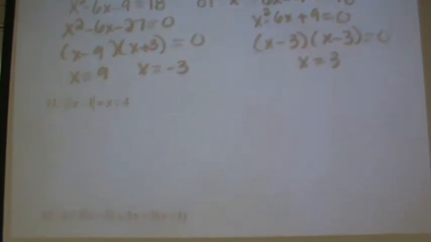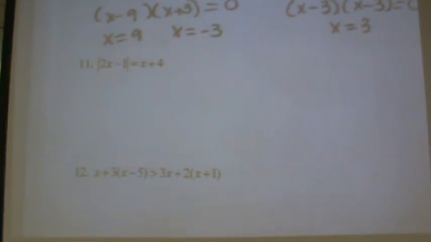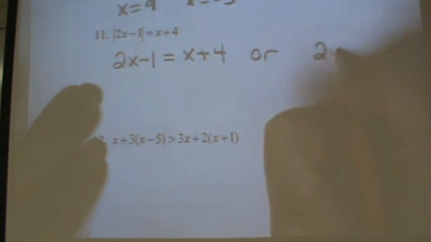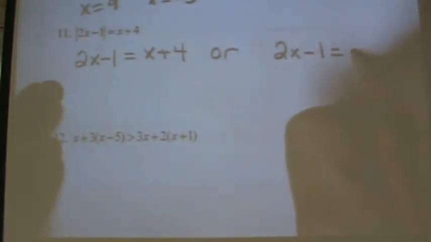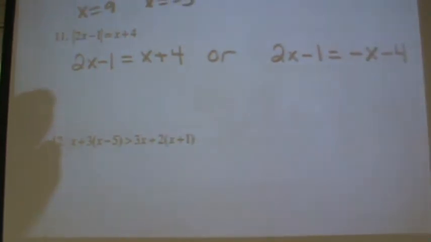Number 11 is also on your test. Did you do this with your calculator? How would you do it? You could set it equal to 0. How would you do it without your calculator? Break it up, just like that.